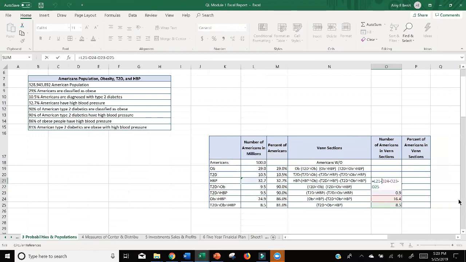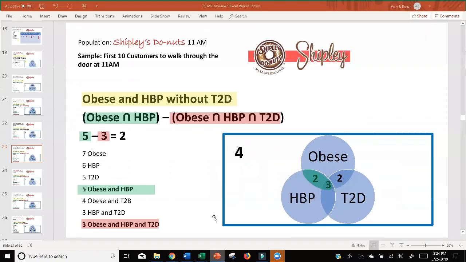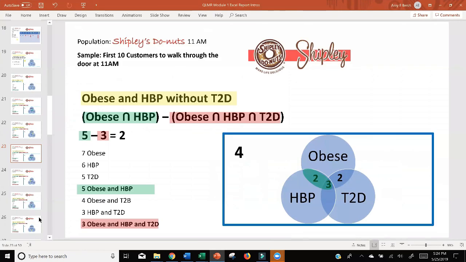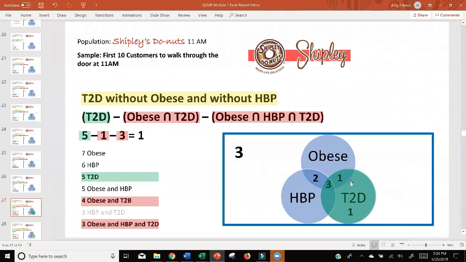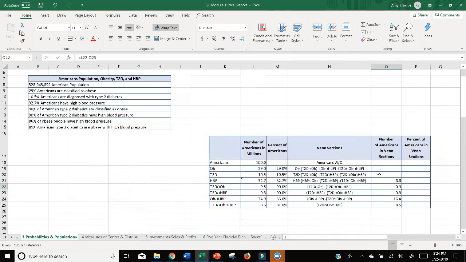And again, if you guys come back and look at this slide, you can see where we found an individual piece. Like, for example, for this type 2 diabetes, we had to subtract out all of the other pieces. This one, we only had to subtract out 2 pieces because remember how this piece down here was 0, so we didn't have to keep dealing with it. All right, now where are we? Type 2 diabetes. The number of Americans with type 2 diabetes minus what?